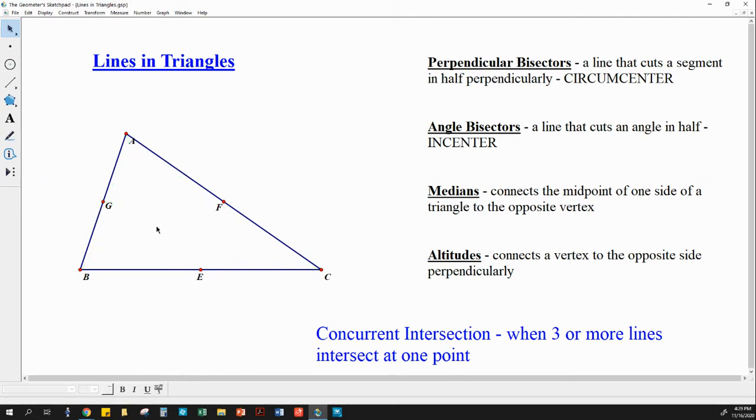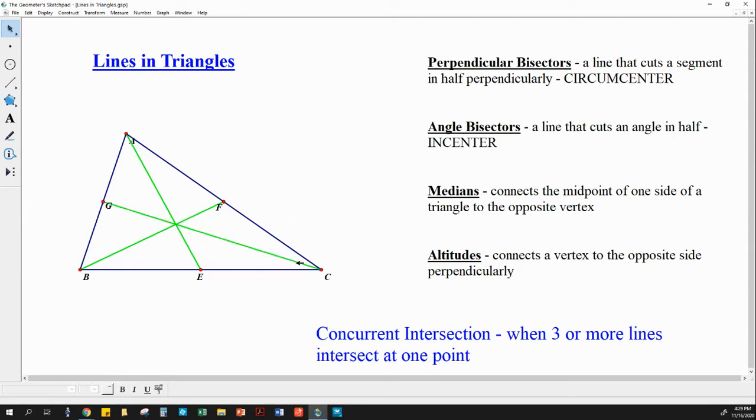A median connects the midpoint of one side of a triangle to the opposite vertex. So that would connect E to A. This midpoint would be connected to the opposite vertex, and this midpoint would be connected to the opposite vertex.